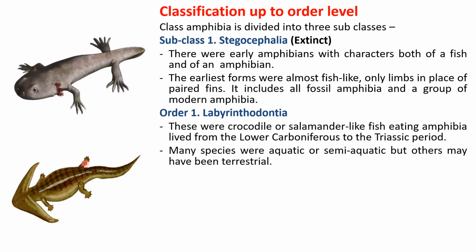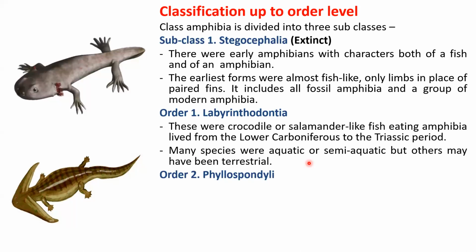Then many species were aquatic or semi-aquatic, but others may have been terrestrial. It is noted that from this order, the species of amphibians were either living in the terrestrial region, or both in the aquatic as well as the terrestrial region.